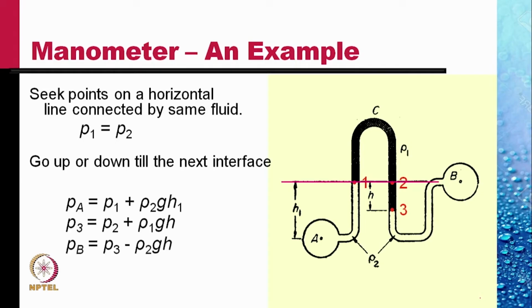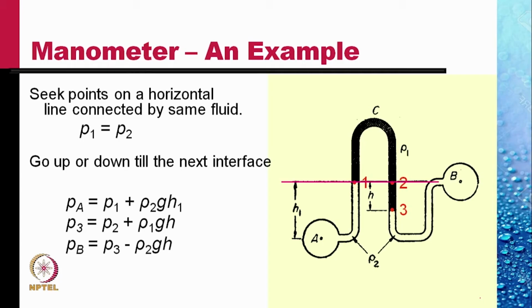In this case, PA is clearly P1 plus rho 2 g H1, since the uncolored portion of the tube is filled with a fluid of density rho 2. So the pressure at A is higher than the pressure at 1 by a liquid column of height H1 and of density rho 2.